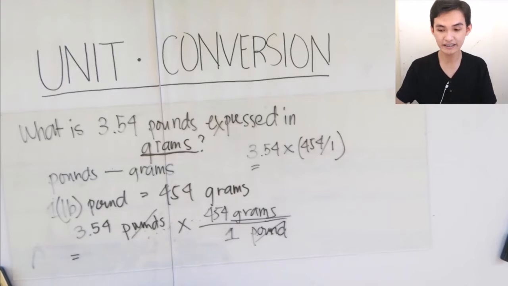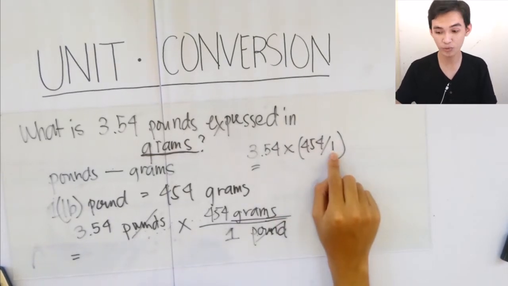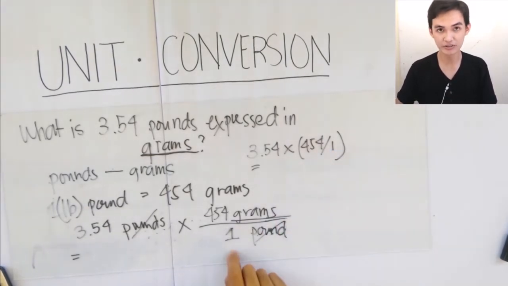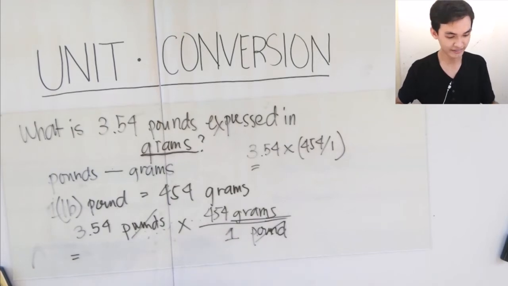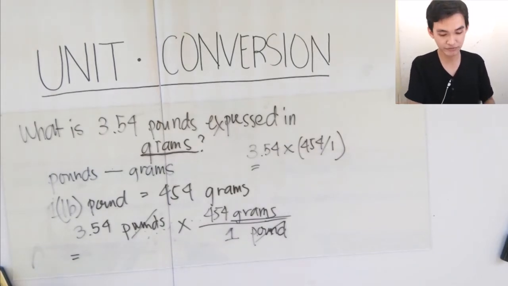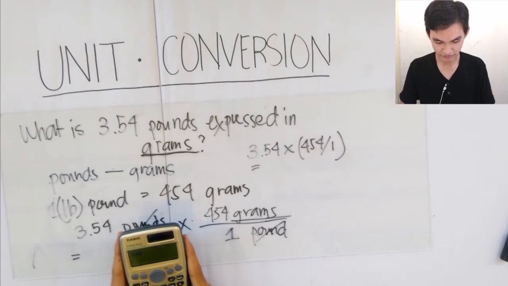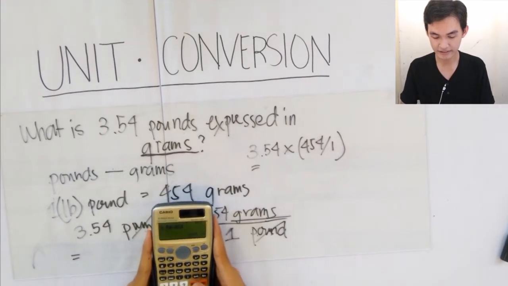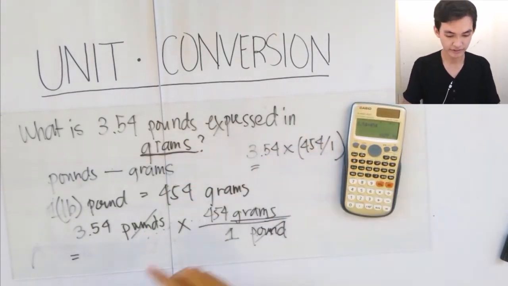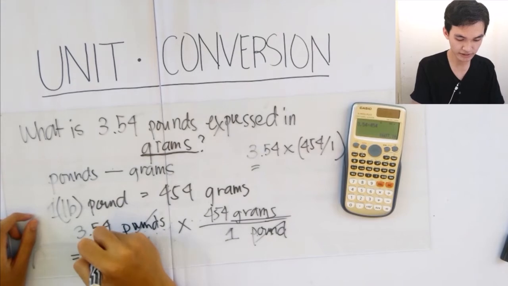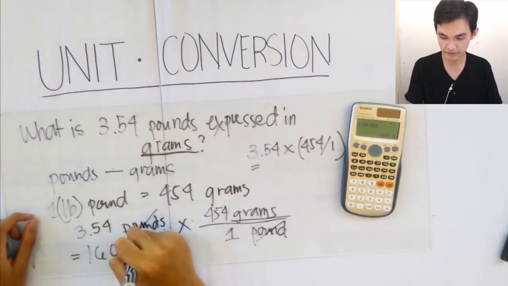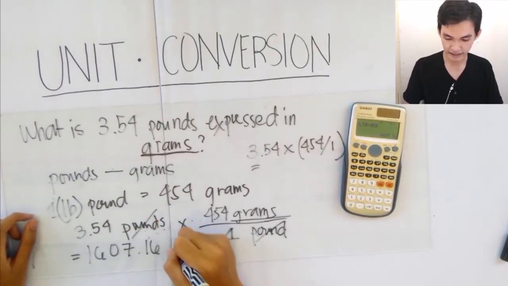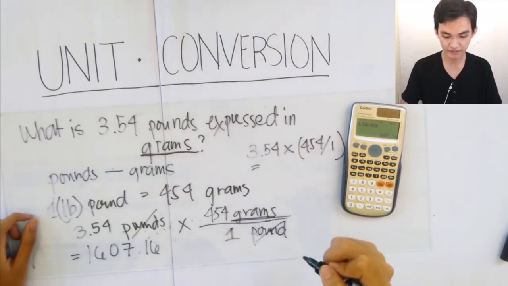I input 1 here because it is not always 1 in the denominator, alright? That gives us the answer of 1,607.16, and just copy the unit left, which is grams.